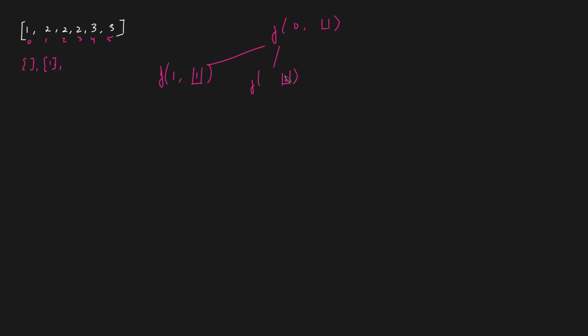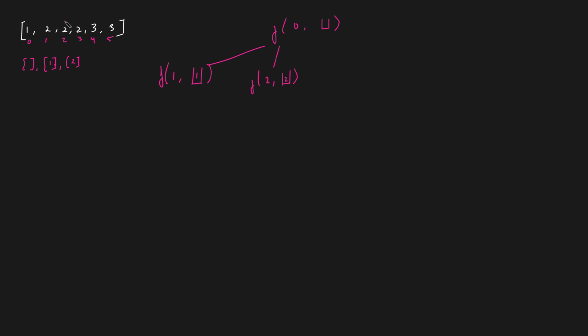If you decide to pick this 2, I generated a subset which is having only 2, and that is again a list of size 1. If I've decided to pick this first index, obviously I cannot pick anything else at the next instance, so I will just move to the next index, that is 2.